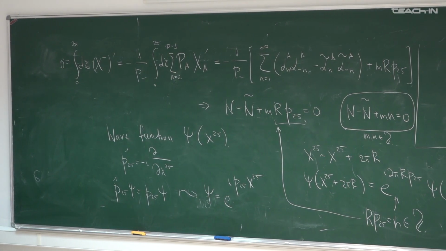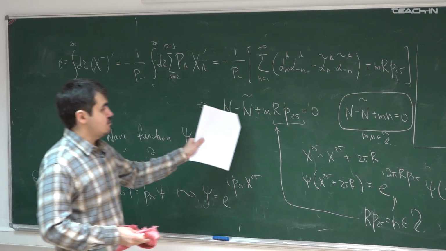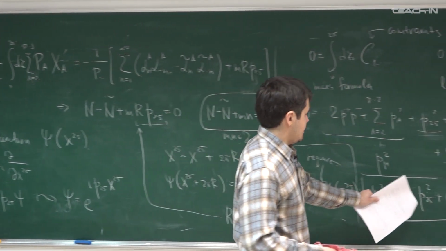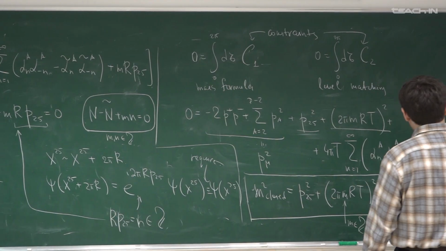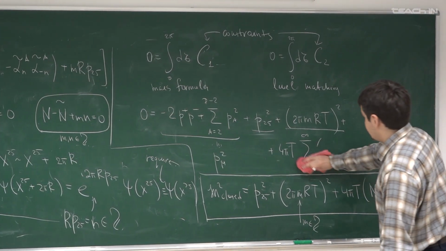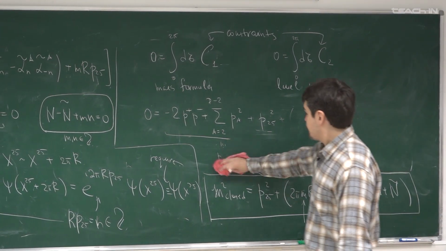Okay, so we have written the level matching condition. Let's also rewrite the mass formula given the discrete momentum P25.